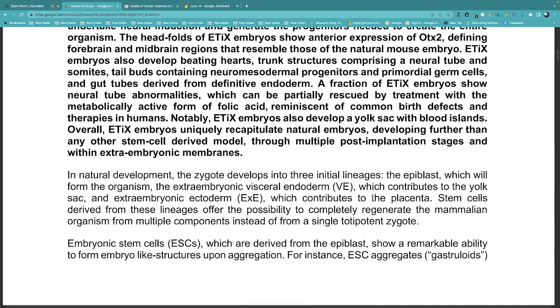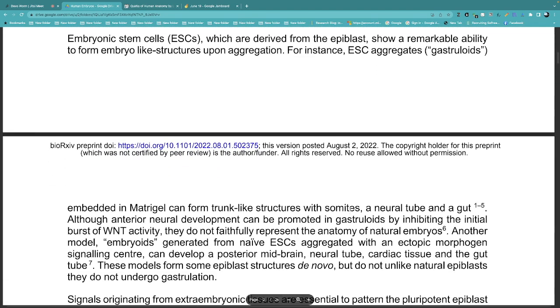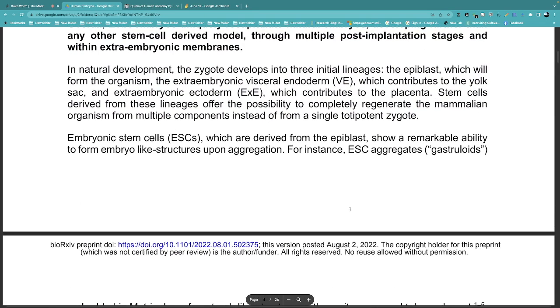It isn't development itself, but it resembles development, which is important to remember because there are a lot of ways you can assess what you have, and it may not actually be a developing embryo. It might be something that resembles it, but it may not be something we could actually take to full term, as it were.